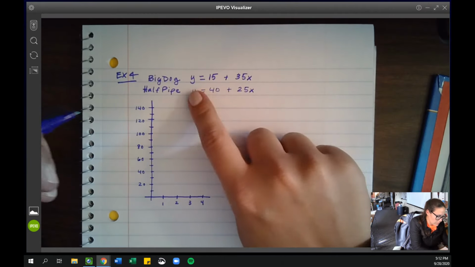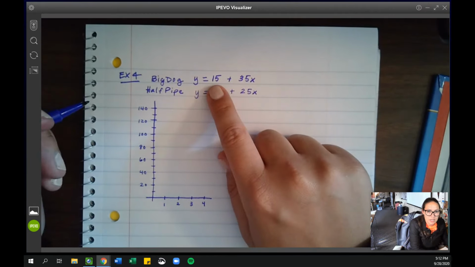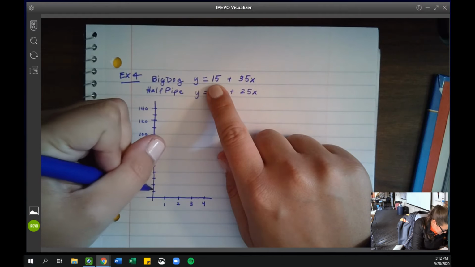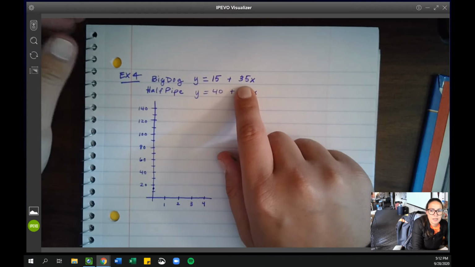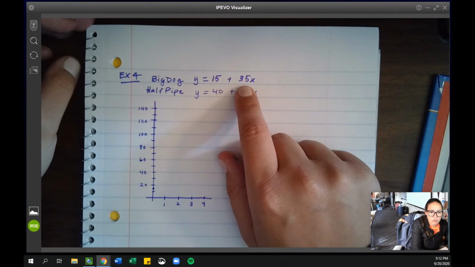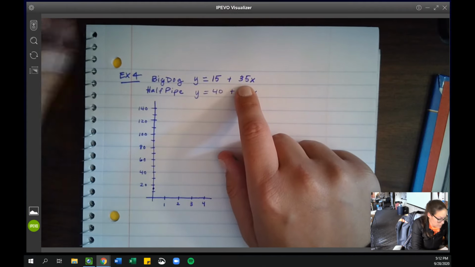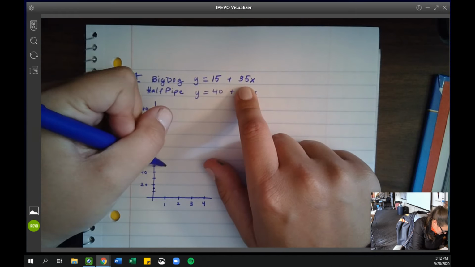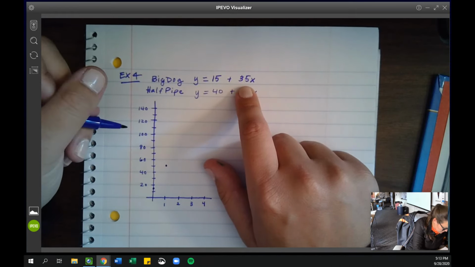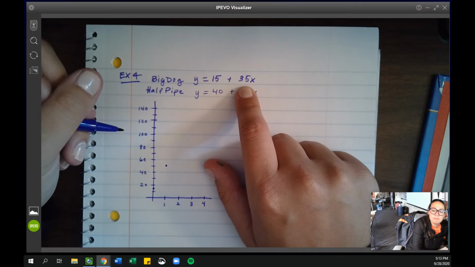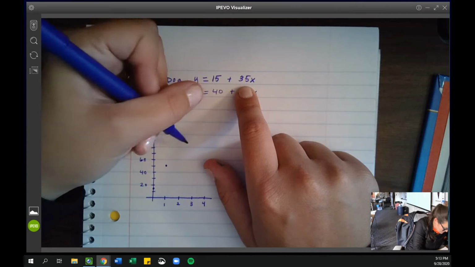All right, so for Big Dog, we're going to start at 15. And I'm going to go up 35 over 1. So 15 plus 35 puts me at 50. Plus another 35, 50 plus 35 is 85.